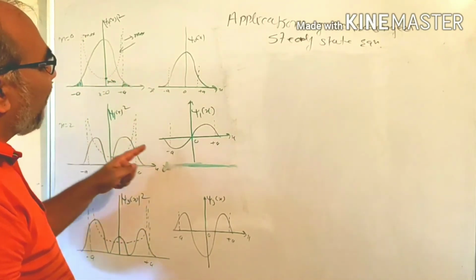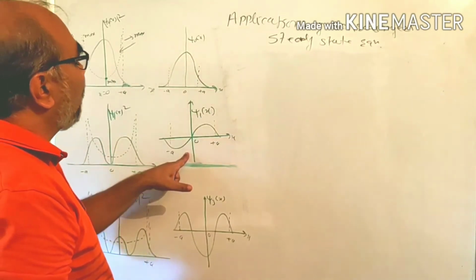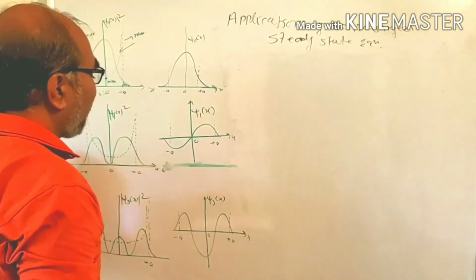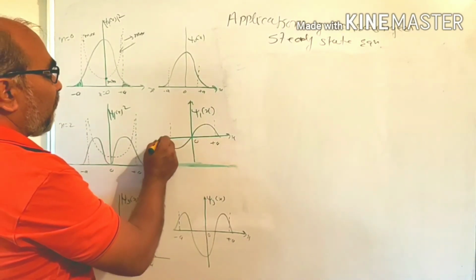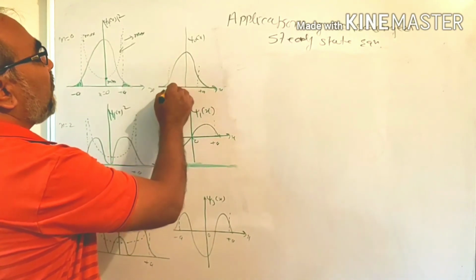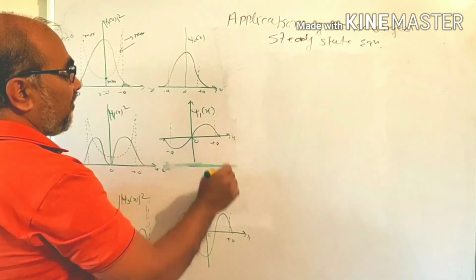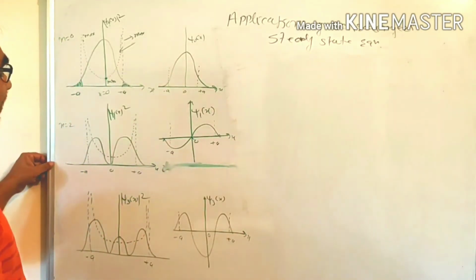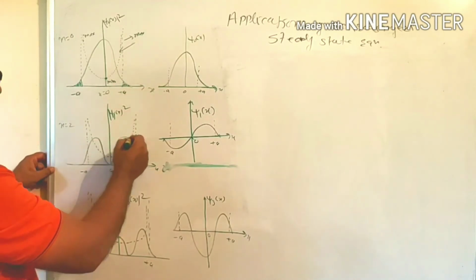For n equal to 1, this is the wave function, and there are three nodes, 1, 2 and 3. Here n equal to 0, there is one node. Here n equal to 1, 2 and 3 nodes are there, and therefore the mod ψ_1 squared is showing like this.